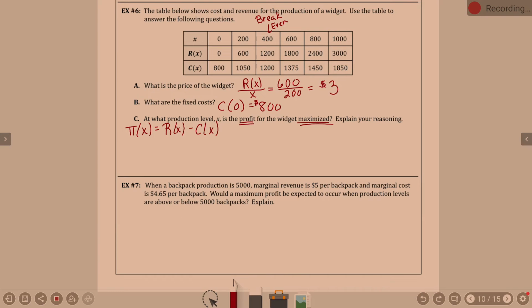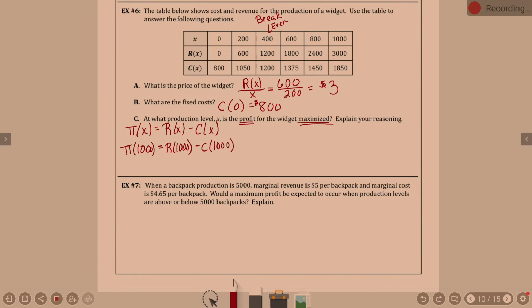1,000. 1,000? Because if you look, the profit at 1,000 is going to be the revenue at 1,000 minus the cost at 1,000.